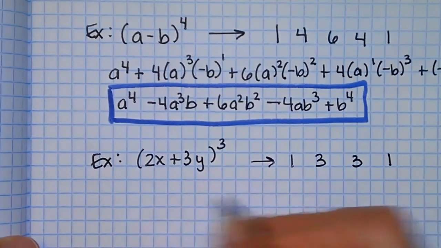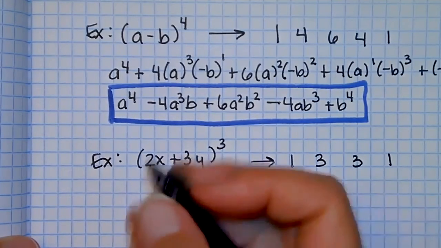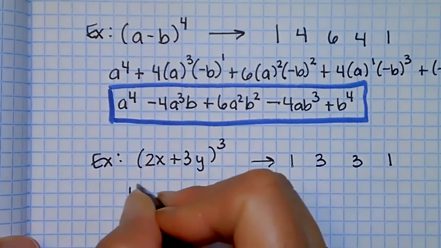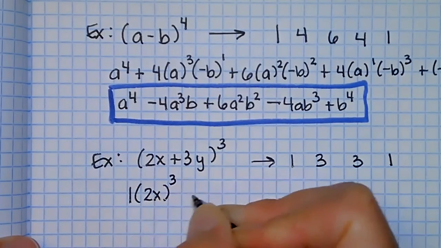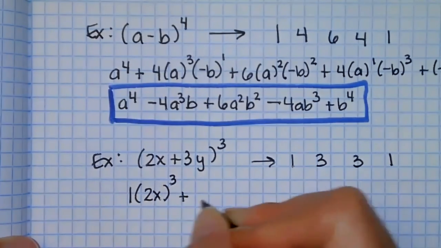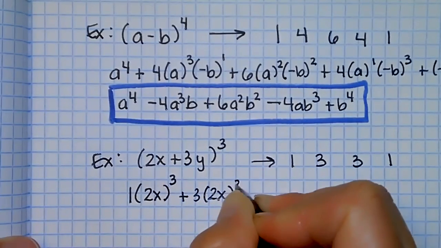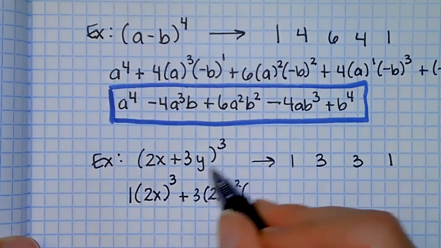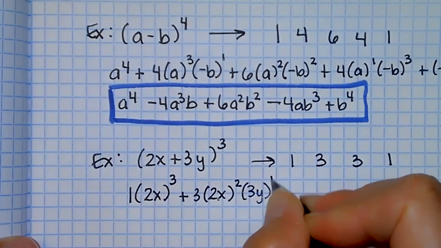So now I'm going to take this 1, and it is going to be times this 2x to the third power, plus 3, and I'm going to have 2x now to the second, and this term is a 3y, so I'm taking my 3y to the first.